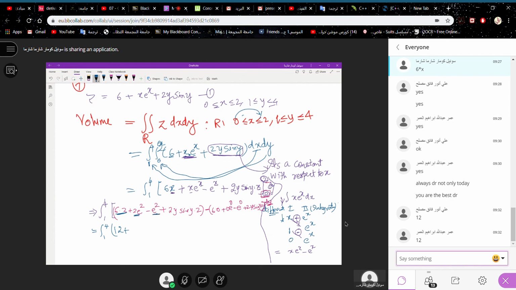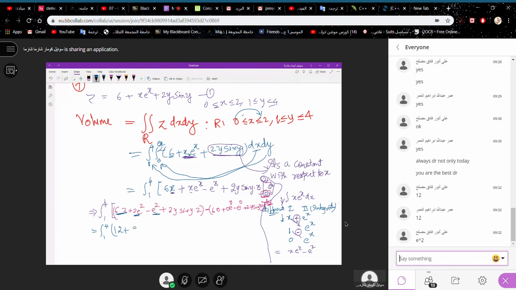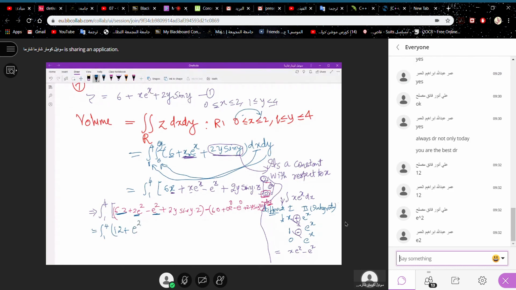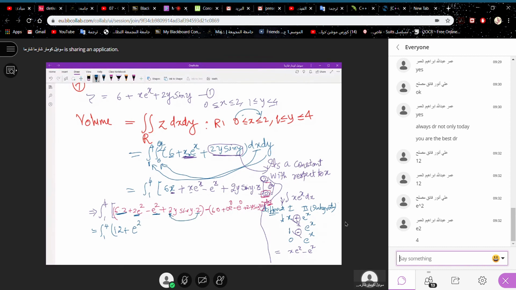So 2e square minus e square, how much? This is e square. So 2 into 2 is 4, 4y sin y.